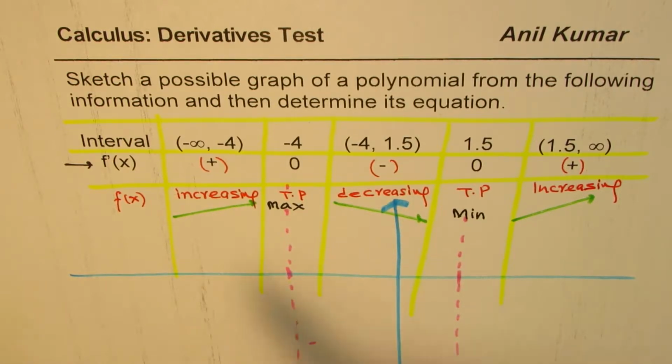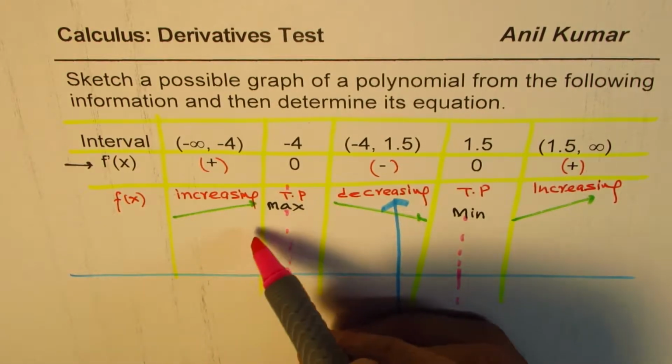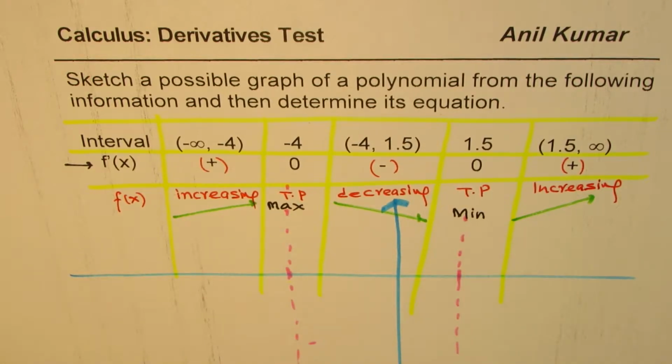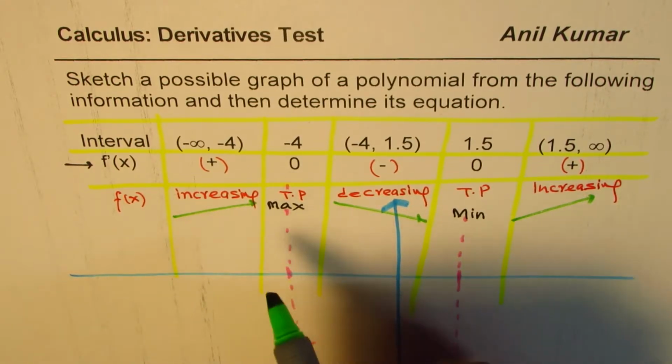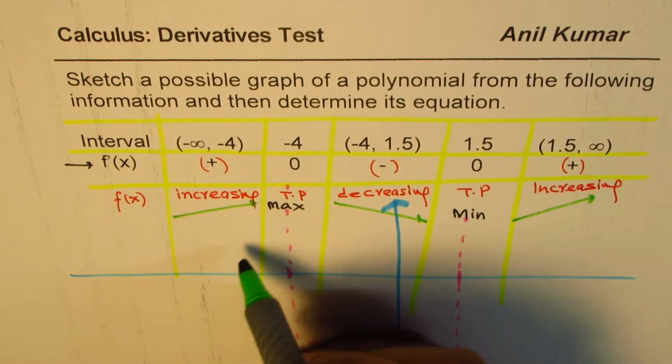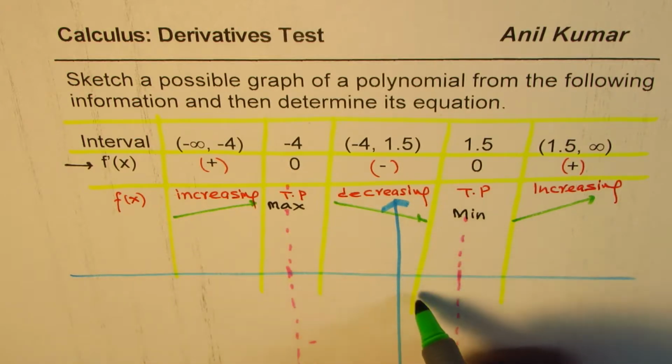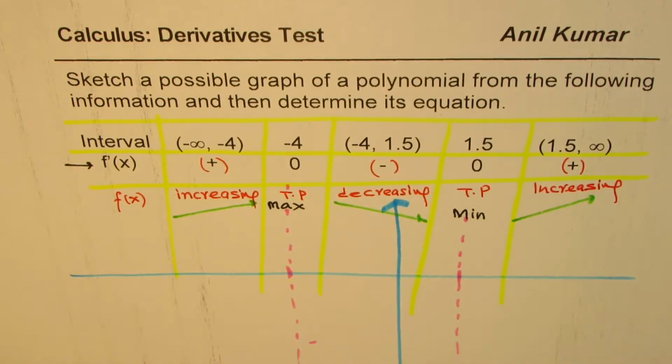So we could just sketch a polynomial like this, a rough sketch here. I want to use a very light color. We could say the polynomial could be going like this. It may go through the origin, because we want to write the equation of this polynomial also. Do you get my idea, right?